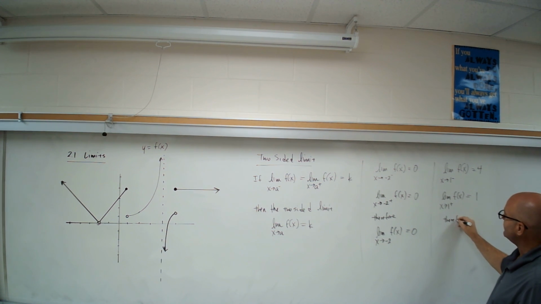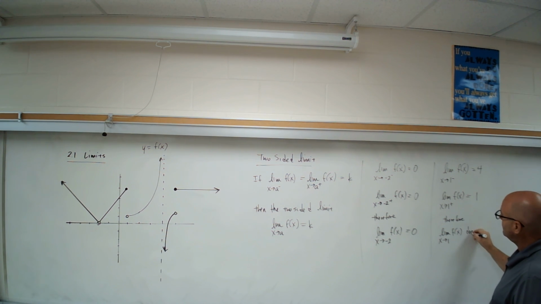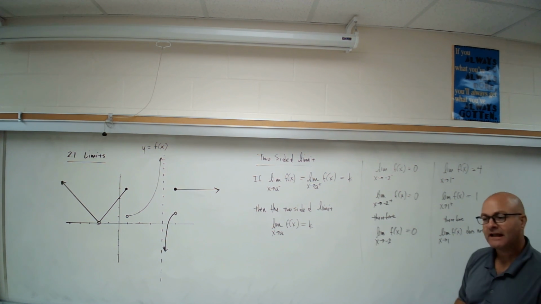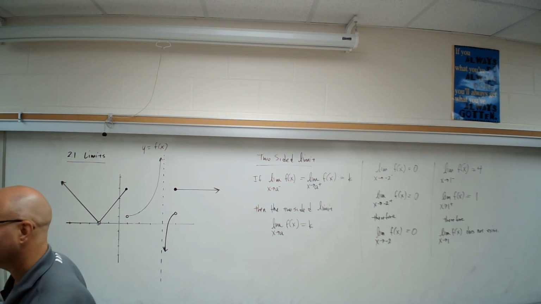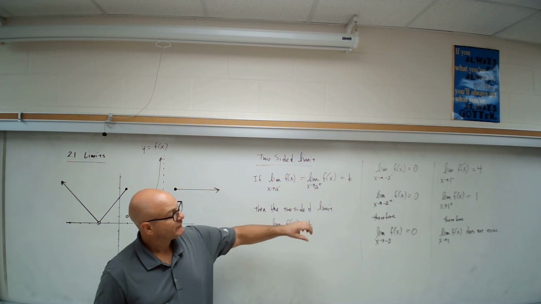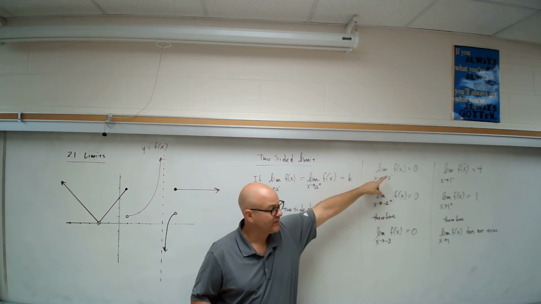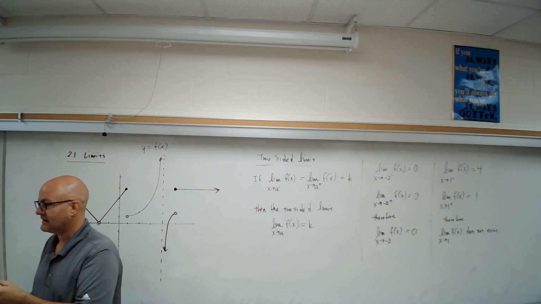Therefore, the limit as x approaches 1 of f of x does not exist. If the left and the right-hand limit don't match, then the two-sided limit does not exist. And with the notation, remember, left and right, you'll get that little negative or positive in the exponent position. If it's a two-sided limit, it's just going to have the x value there.